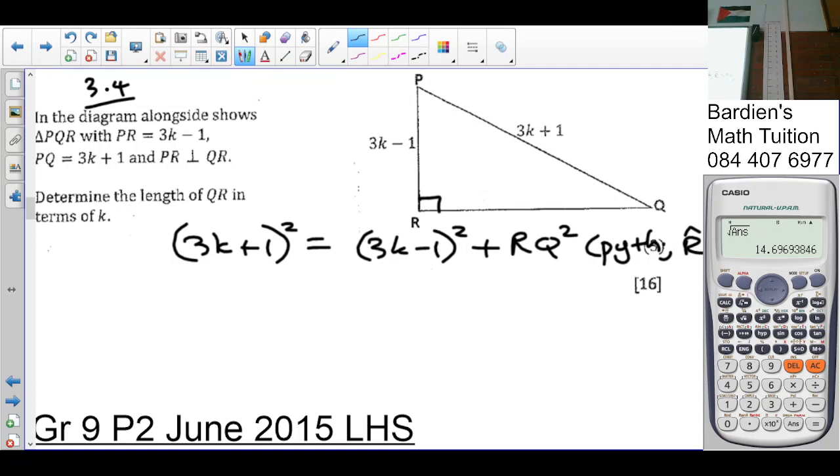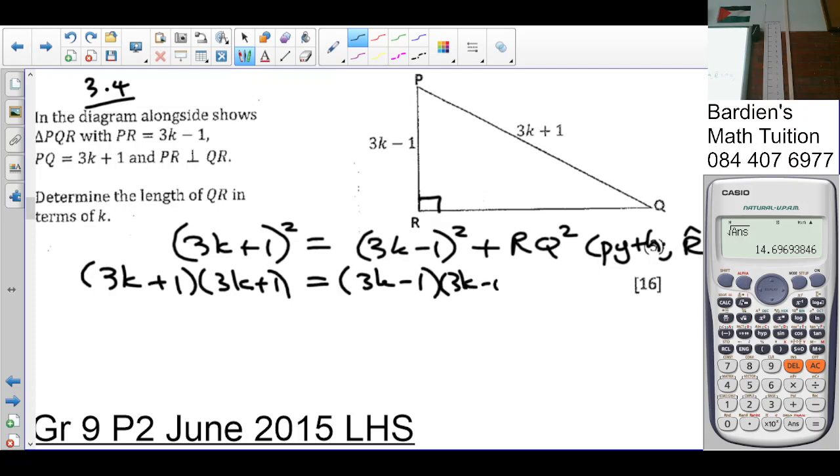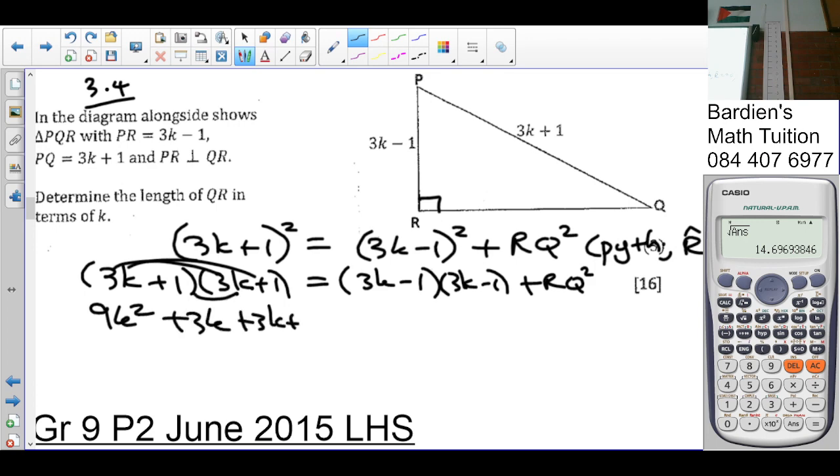You see that, people? Yes. So that is going to give us, you must write it out twice, so it's 3K plus 1 times 3K plus 1 is equal to 3K minus 1 times 3K minus 1 plus RQ squared. So I'm going to get rid of the brackets first. So it's going to give you 9K squared plus 3K plus 3K plus 1 equals 9K squared minus 3K minus 3K plus 1 plus RQ squared.